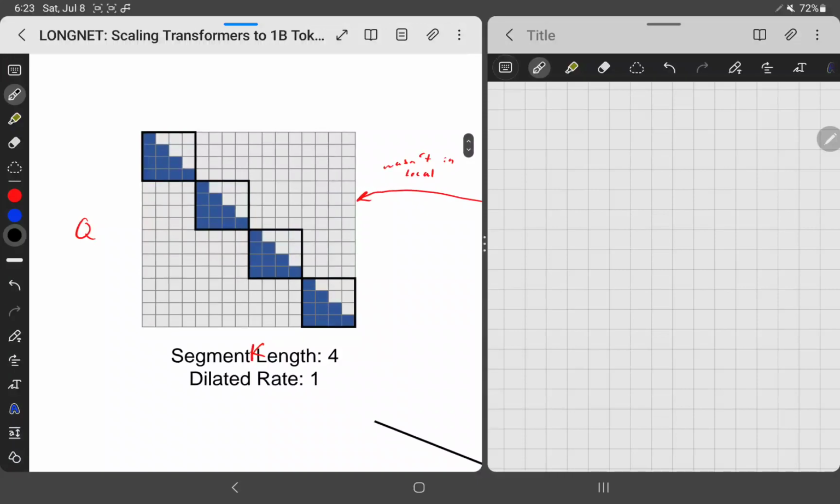If our sequence is 1, 2, 3, 4, 5, then you can see that token 1 only attends to itself because this is causal attention. Notice the upper triangle is not being attended to, and that's because of the causality you want to add to make it a generative model, like a GPT model.